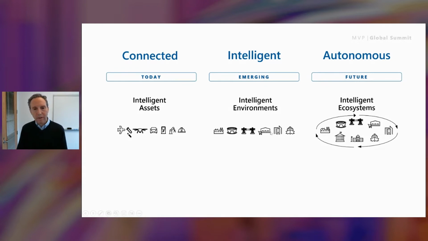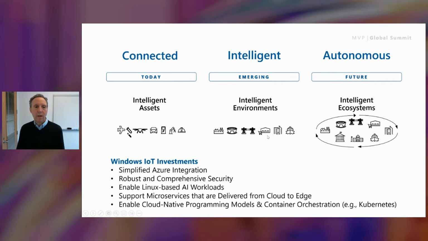Now, as we think about these trends, some of the things that we're doing in Windows IoT, both recently and upcoming, are intended to address these trends. The first thing we're doing is simplifying the ability to integrate with Azure, to use the Azure cloud from Windows IoT devices. I will touch on what that looks like in this discussion today.